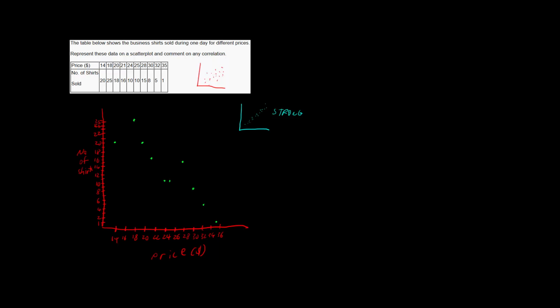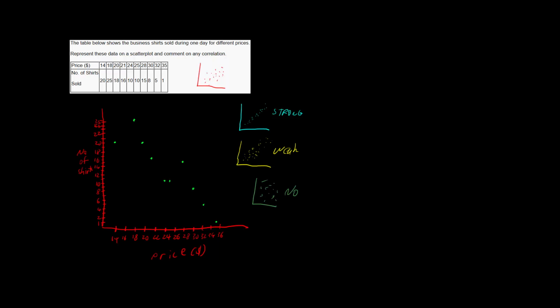Then we can have a weak one, where we can still see a trend of a positive slope, but the points are more spread out. And then lastly, you'd have no correlation, where the points are just spread around, so that's nothing, no correlation.